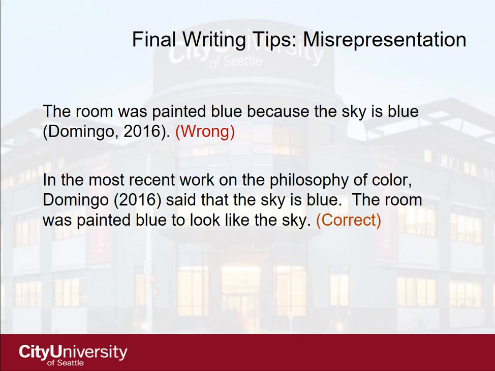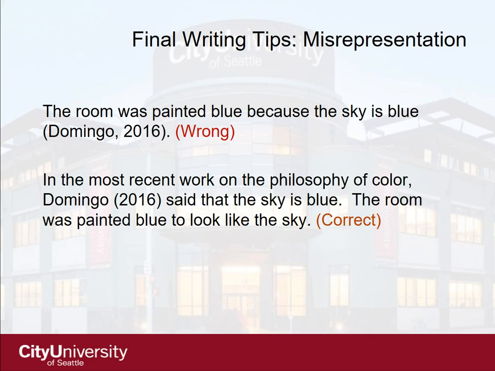Misrepresentation is another one. And this is, again, a subtle one, but something that I see a lot. "The room was painted blue because the sky is blue, Domingo 2016." Wrong. In the most recent work on the philosophy of color, Domingo 2016 said the sky is blue. "The room was painted blue to look like the sky." That is correct.